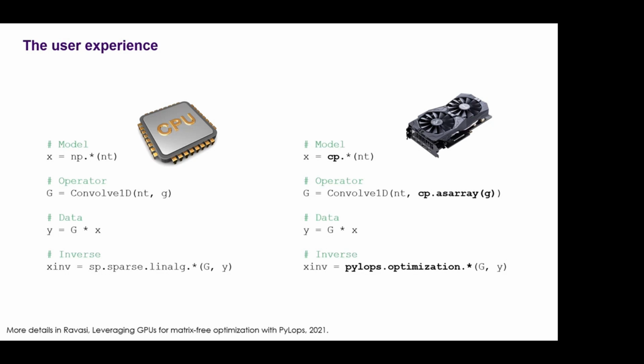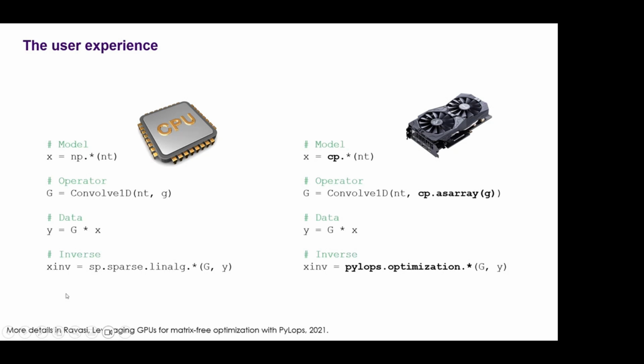And I'm taking again the exact same example that I mentioned at the start, a convolution type of example. This is what you will do on the left-hand side with NumPy, so our CPU backend. This is what you will do with our GPU backend. And in black is the only code changes you need to do. Pretty much all you need to do is make sure that the data moves to the GPU, either by taking a NumPy array and lifting it to the GPU through CuPy's asarray, or by building it directly with CuPy.